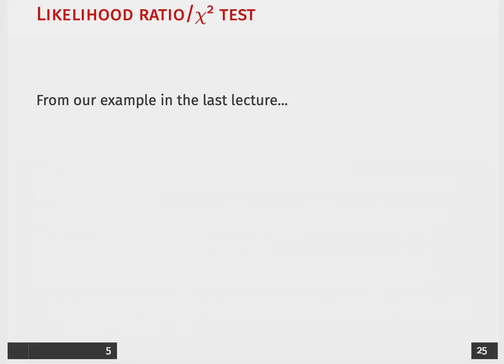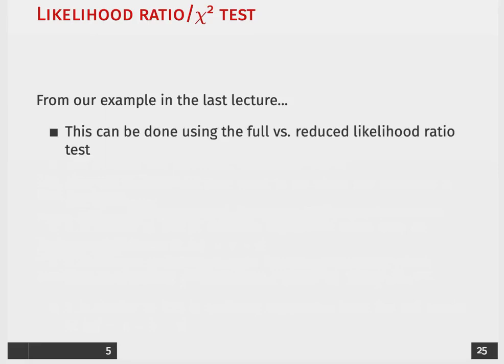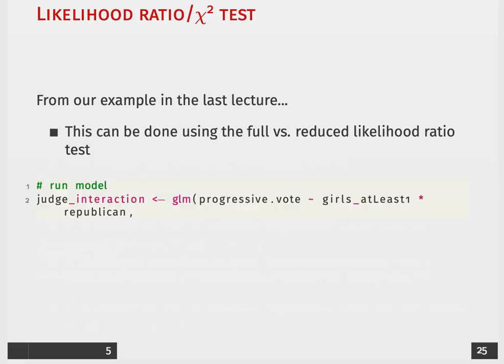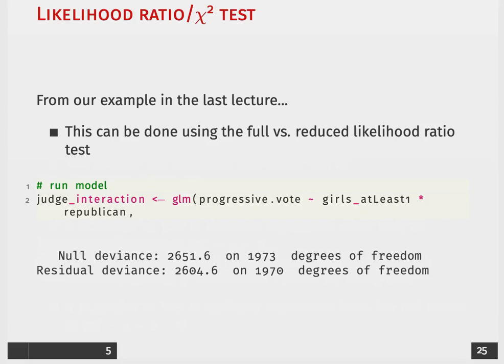Now, taking our example from last time, we're going to essentially do this, where our full model is going to, again, be those two variables that I talked about, having at least one girl or more, and being Republican. And seeing here the null deviance, so the deviance in which we have no predictors, so here it would just be tilde 1. The null deviance is 2651.